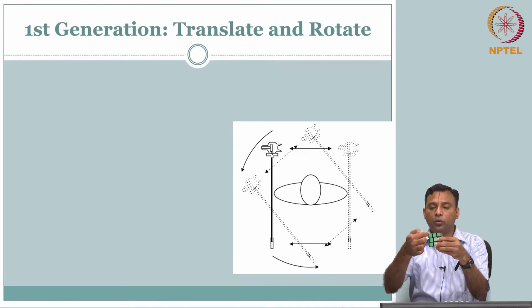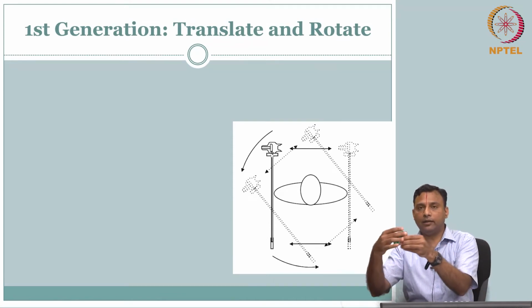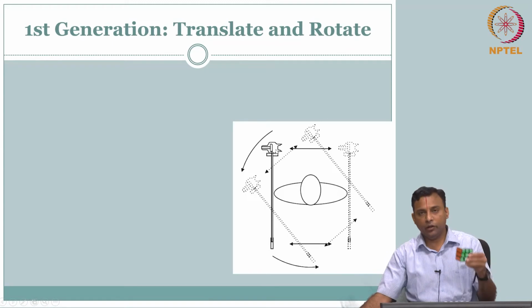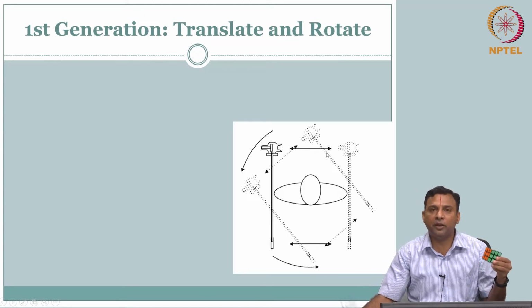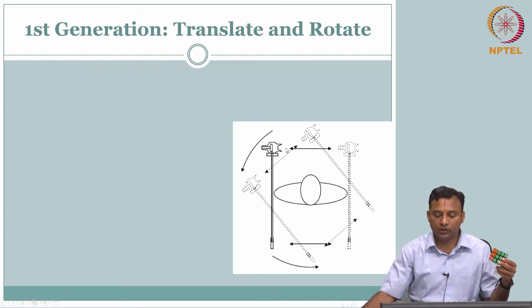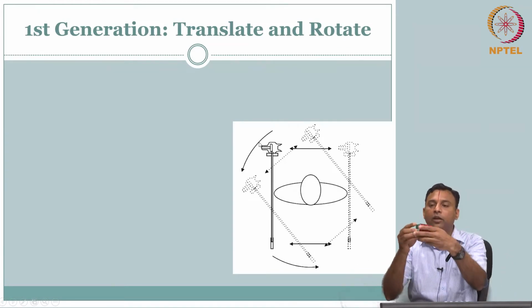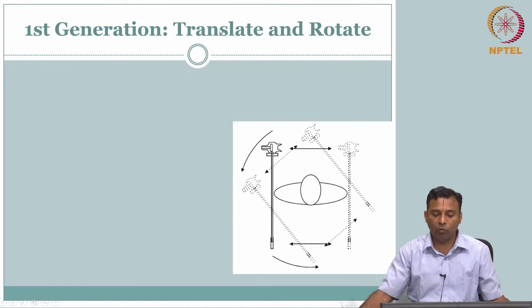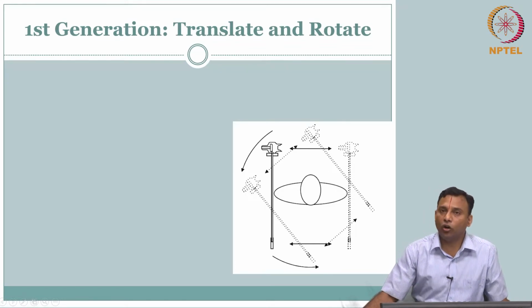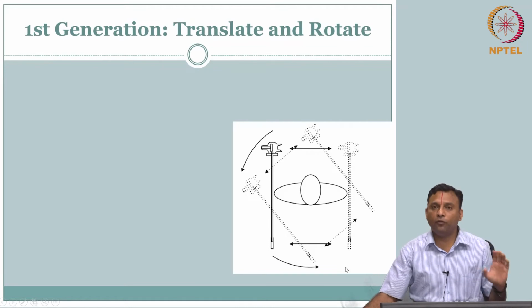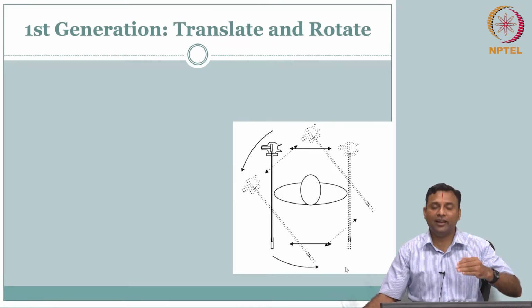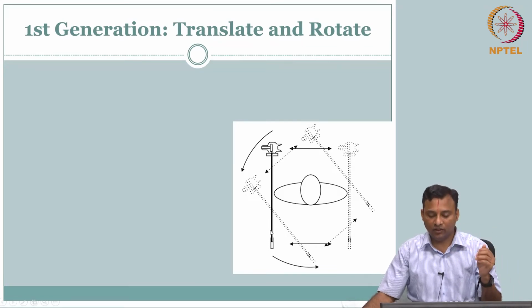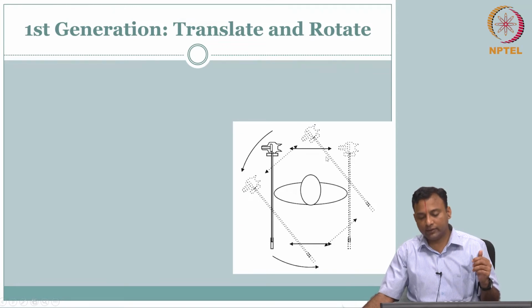So I am going to do one translate, and I can do many, I have to translate many times depending on the field of view. Then I have to rotate for a different view, and after one rotation I have to again do the scanning. So I have both translate and rotate. So brute force, you went there, translated, got data on the detector, then rotate, translate.